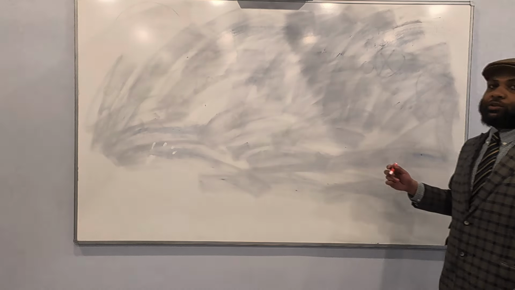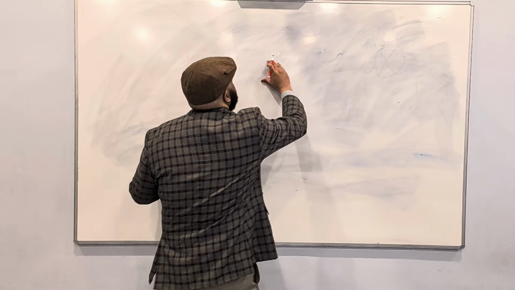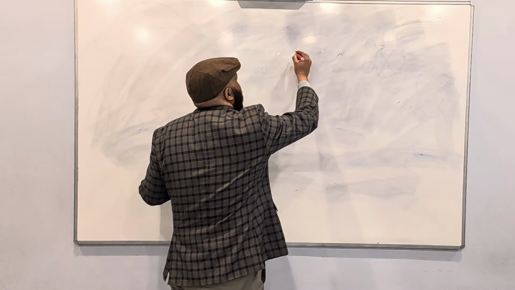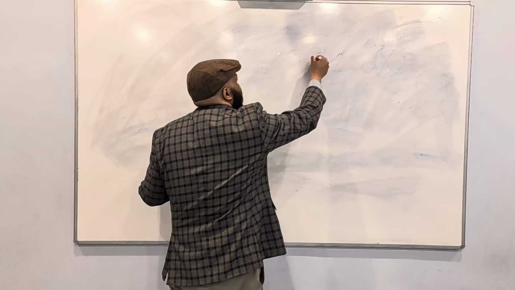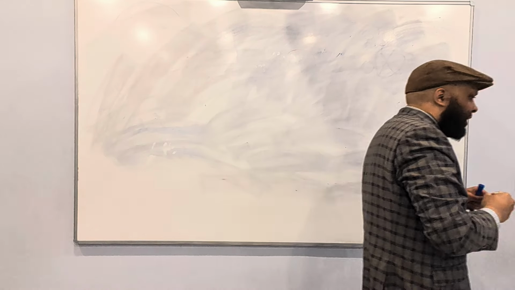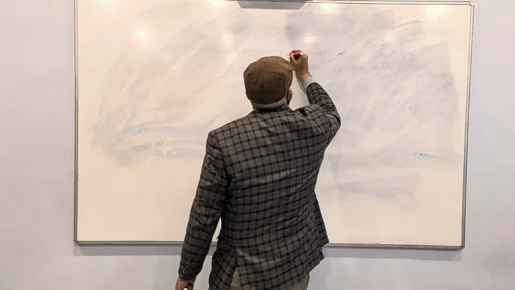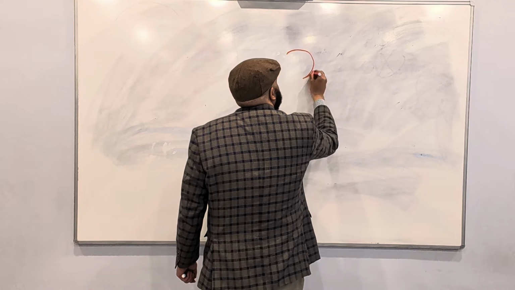Okay. So now, if you look into the heart, you will see that it's an inverted triangle. It has two upper small chambers called the atria.